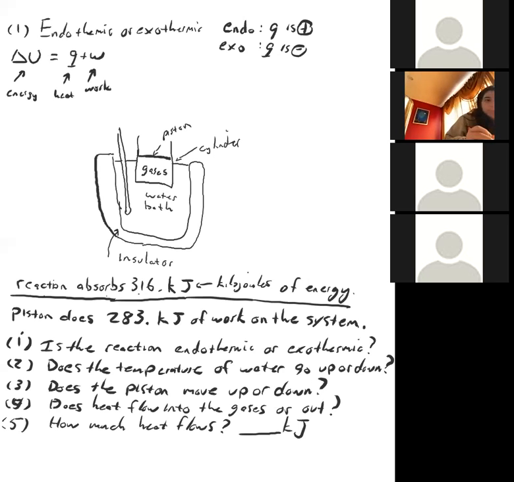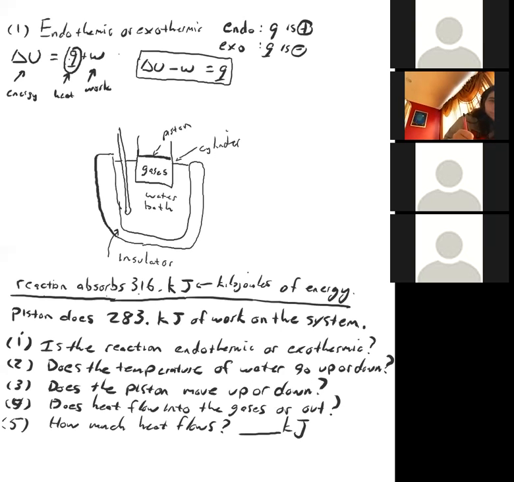We want to know what heat is. So we have to find Q. So here's what we do. We rearrange this equation. If you want Q, you subtract W from both sides, right? Q plus W minus W is Q. So you subtract delta U minus W, and that gives you Q.